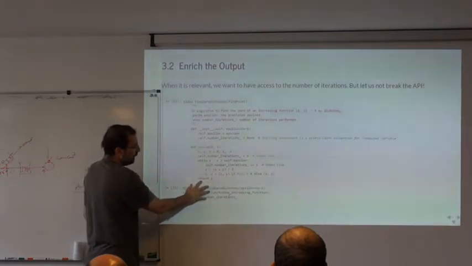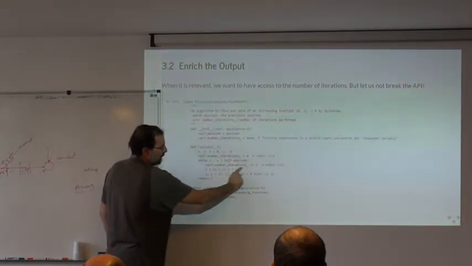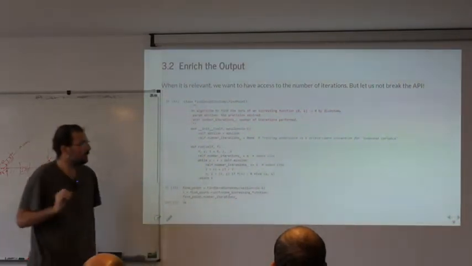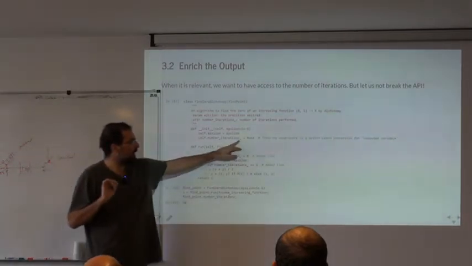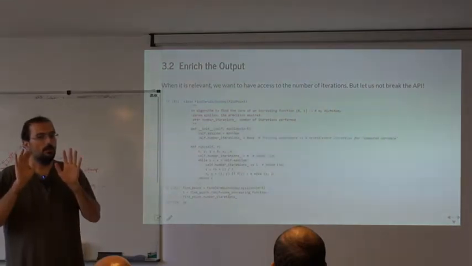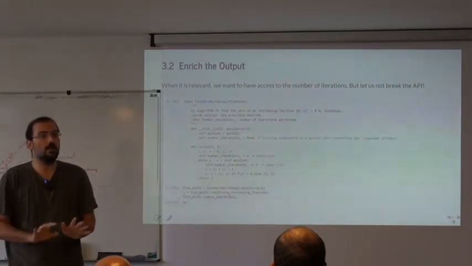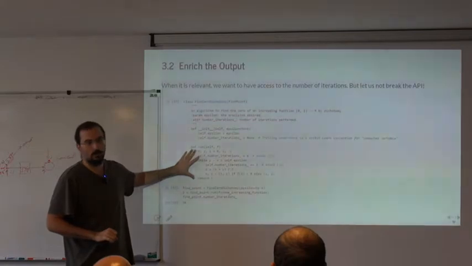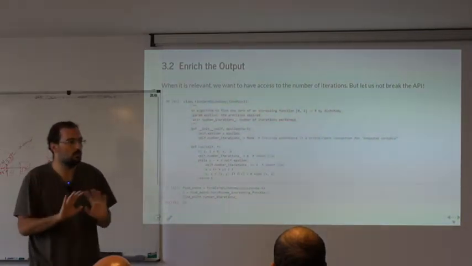And during the run, I will compute this number of iterations. So the meaning of the trailing underscore in Scikit-learn is to say, okay, the value of this variable makes sense only once you have done the run. Before the run, it just makes no sense.